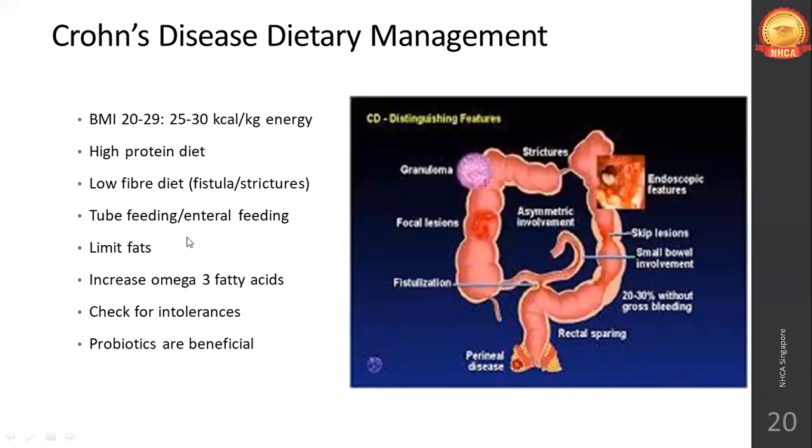So curd as well, pickles. Low fiber diet is given because a high fiber diet can trigger the entry of feces into the fistula and it can lead to perforation.